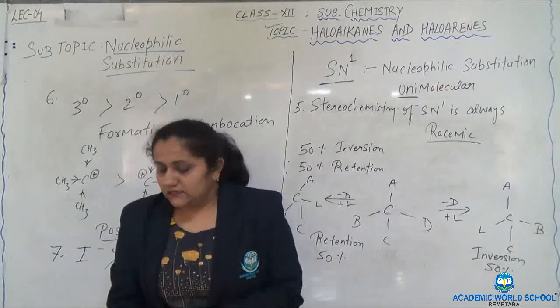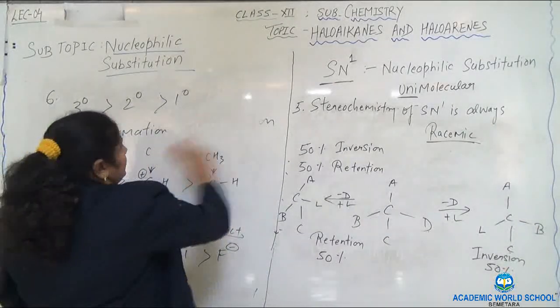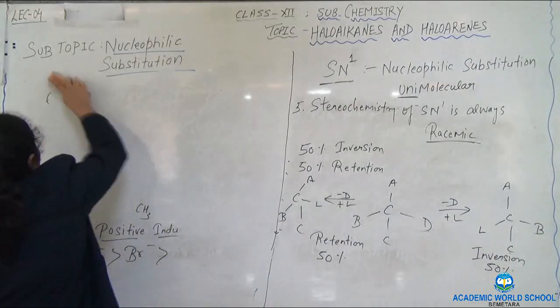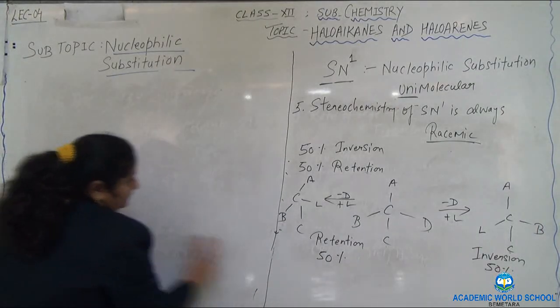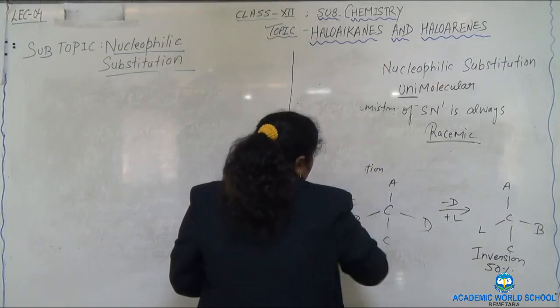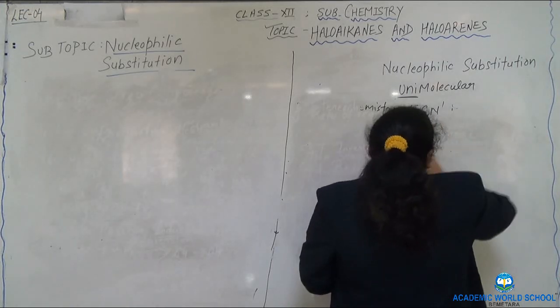Let us proceed to the differences between what we have discussed so far in SN1 and SN2 reaction, so you can recall it also. Before that, I am going to solve 2 questions here based upon SN1 and SN2.